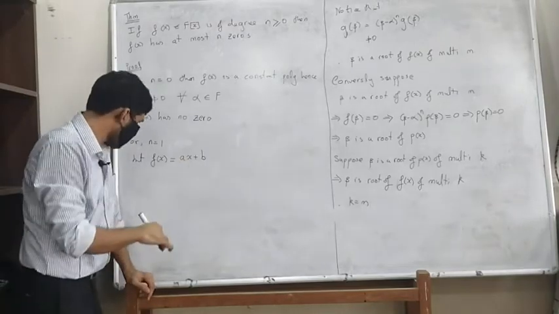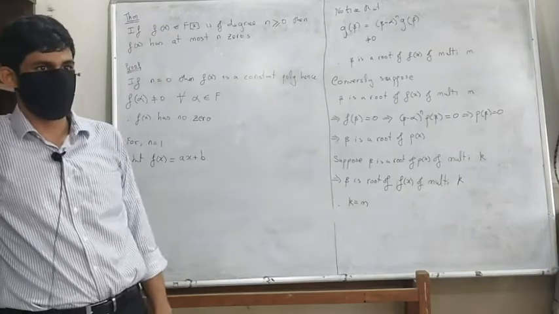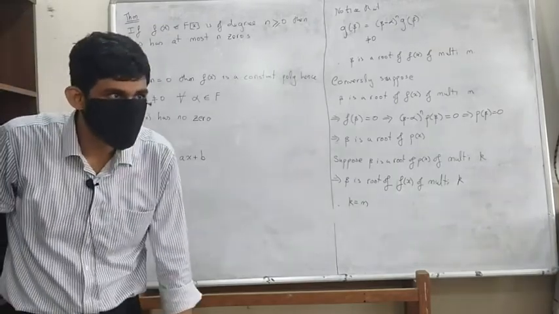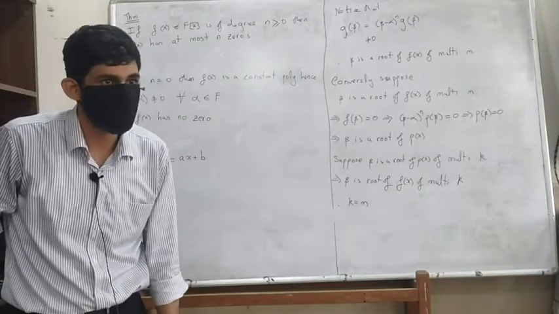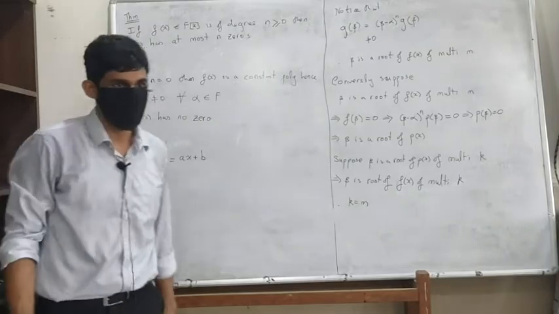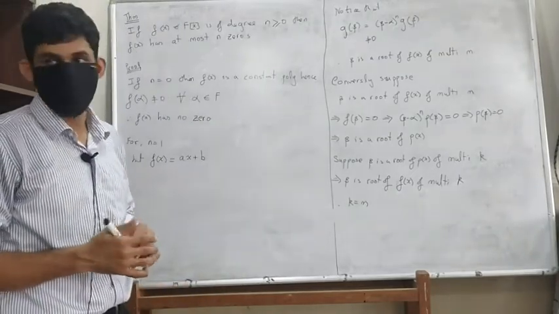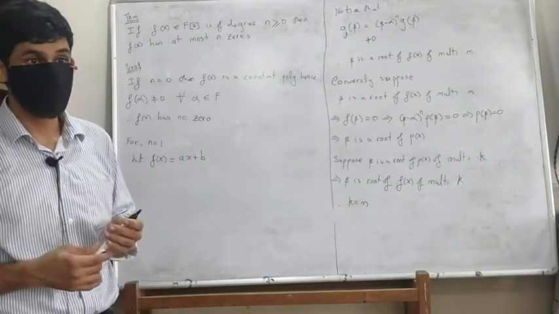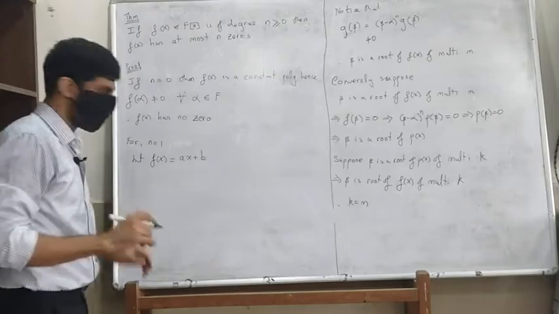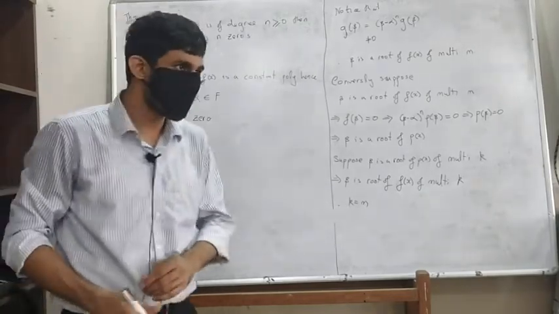In this case, can you tell me whether this has any zeros? Minus b times a inverse. So this can have only one zero. How do we know that?